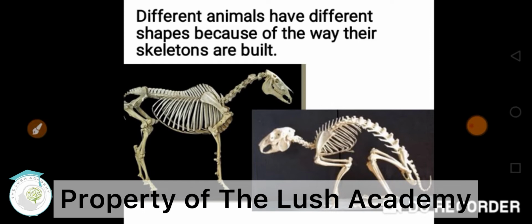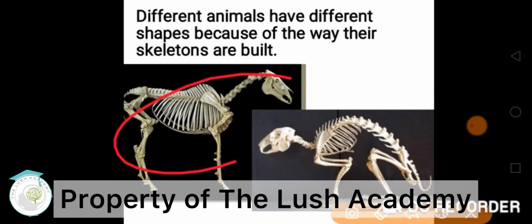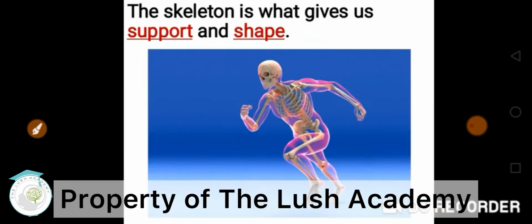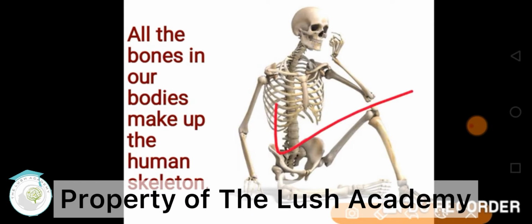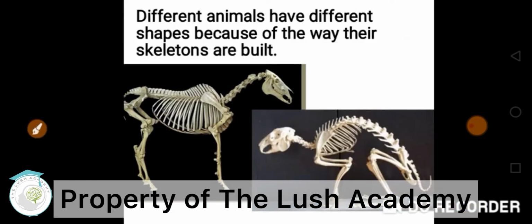So you already know that this is not a human being's skeleton, but you know that this is a human being's skeleton. Do you understand? That's because of the shape of the bones. You can see this one has a longer neck. This is a short neck, a hunched back.